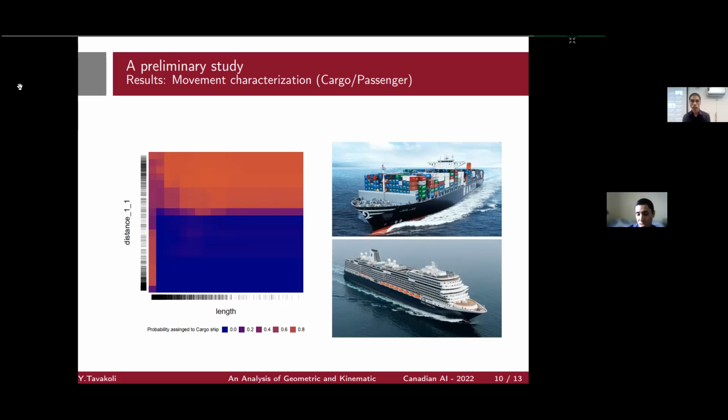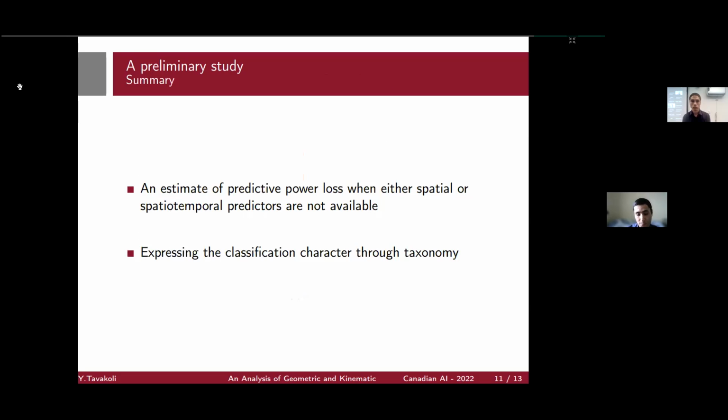With that said, we can now sum up the set of very early findings. Now, we have put forward an estimate of predictive power loss when either spatial or spatial-temporal predictors are not available. And second, the feasibility investigation of movement characterization inspired by the taxonomy. Now, with that said, one may expand on these early results in different directions.